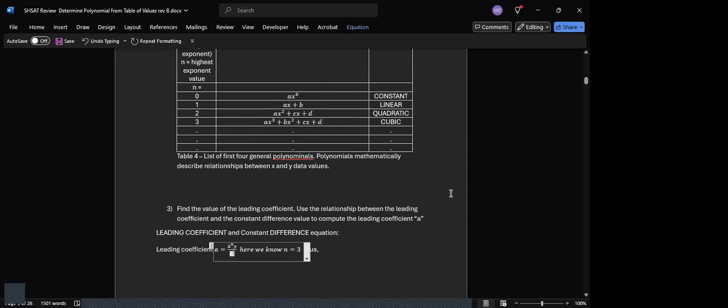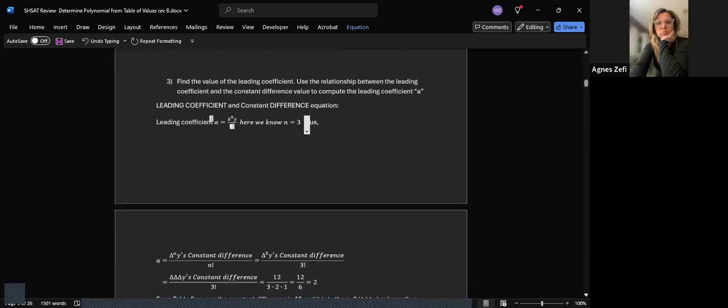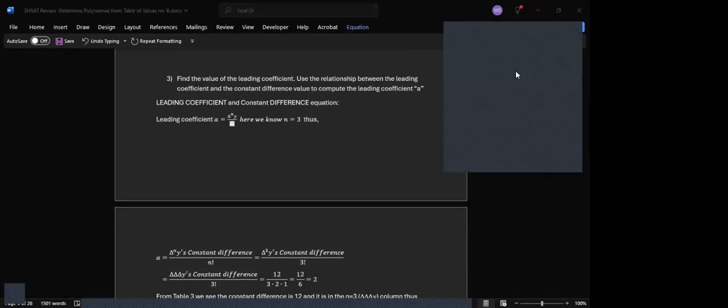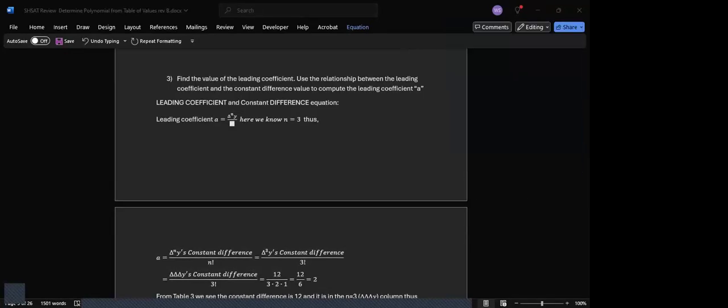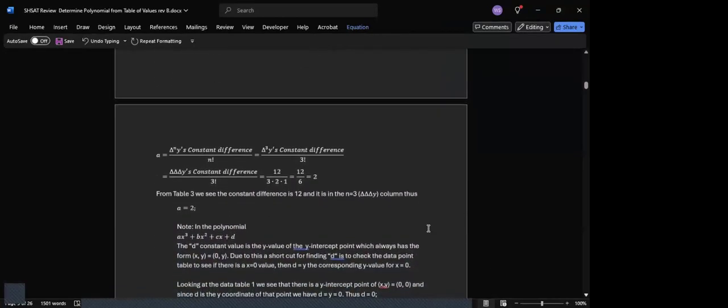So if we just plug into that formula the information that we've obtained, so we know n equals 3. In the top we have the actual numerical value of the difference, then we can just go ahead and plug in the values and we get what we need. So let's go ahead and do that. All right. So we know that the constant difference for this one was 12.